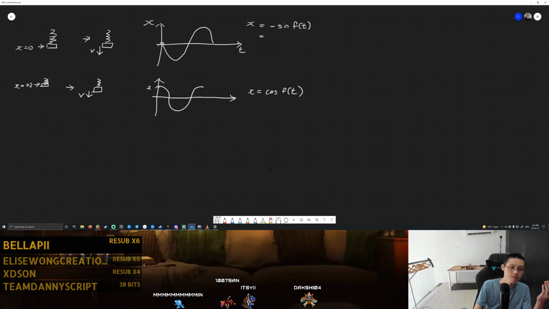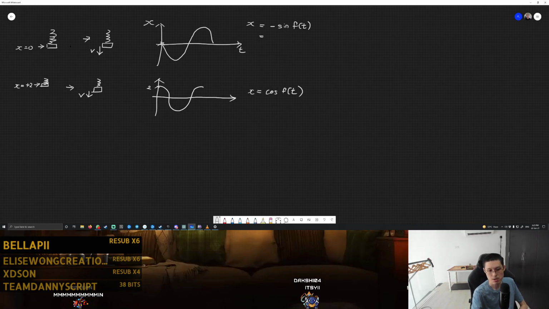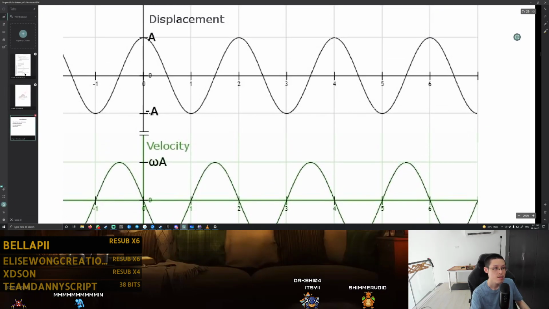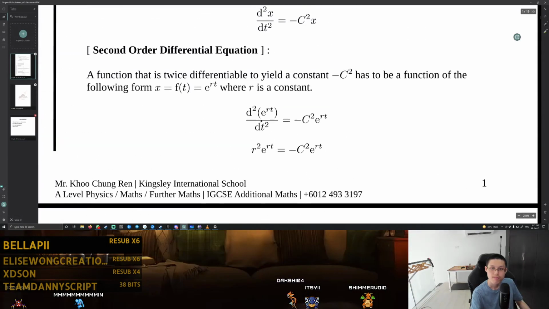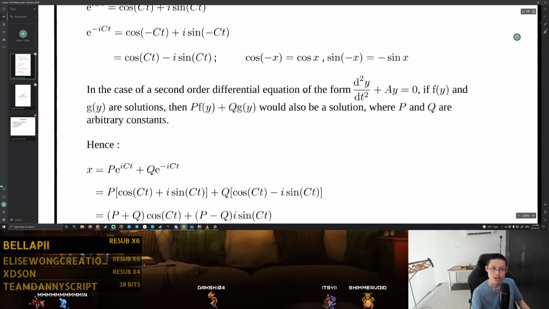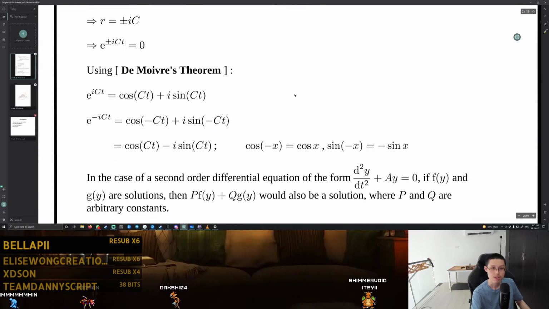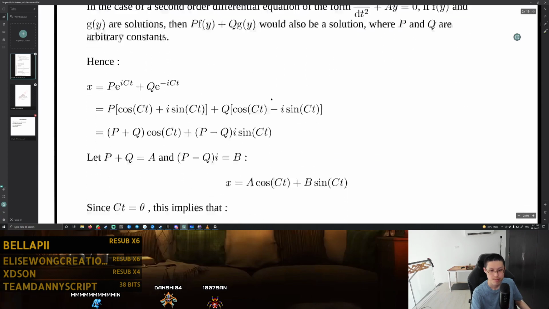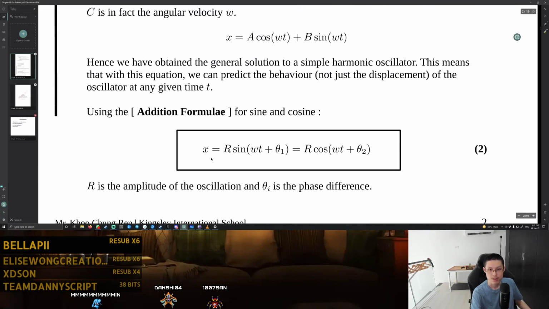You have to start from F equals kx and then go to the second order differential equation. I think I have it here somewhere. Yep, it's over here. Eventually, you go down here and you have to use De Moivre's Theorem, which is something that you'll learn in the complex number chapter in further math. Eventually, you'll get this guy here.